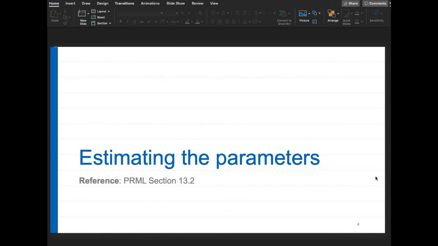EM algorithm is a kind of maximum likelihood algorithm, but it has the property that it is applicable only for discrete latent variables, right? So do HMMs have discrete or continuous latent variables? Discrete, good.